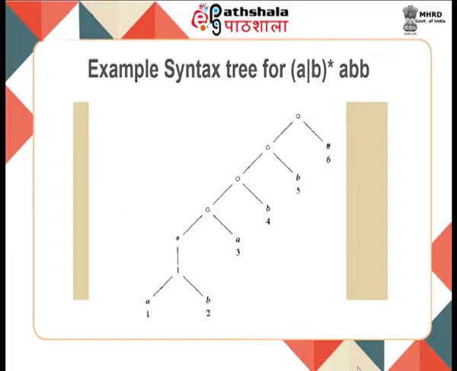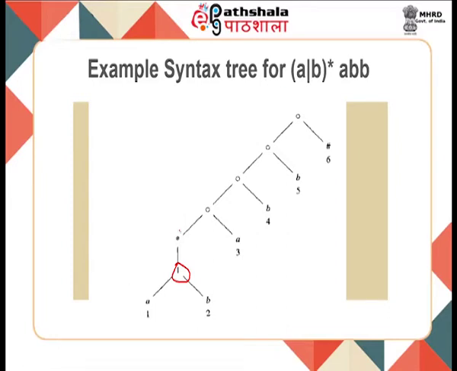So, this is how it is going to look. Let us take the same example which we used in the previous modules, where we have the expression (a or b) the whole star followed by abb. What we have here is (a or b) the whole star, therefore, it is either a or b. This is the OR node, and then the whole star of that.